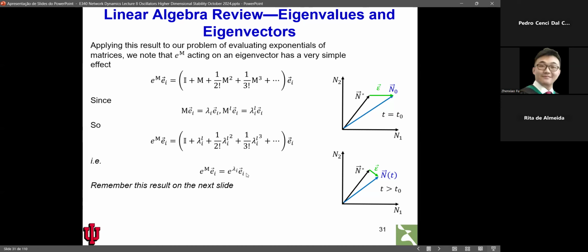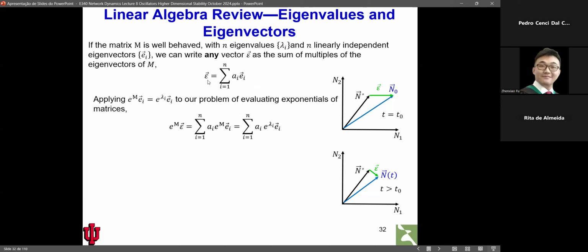But you can do this only because the vector that you are applying this matrix to is an eigenvector of M. If not, you cannot reduce it to not being a matrix. Here you have something like that, okay? Which means that this is a really, really interesting thing for our purposes.